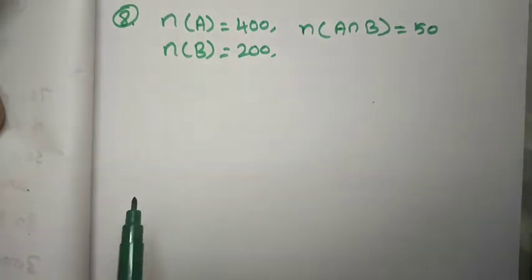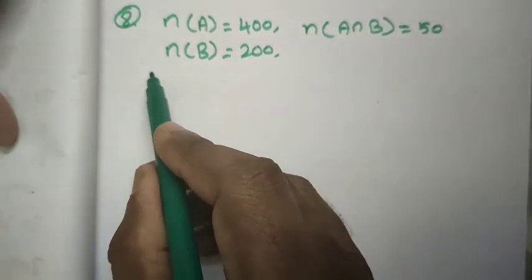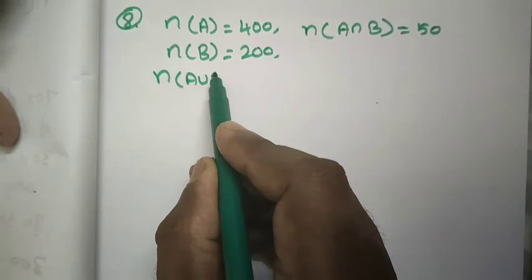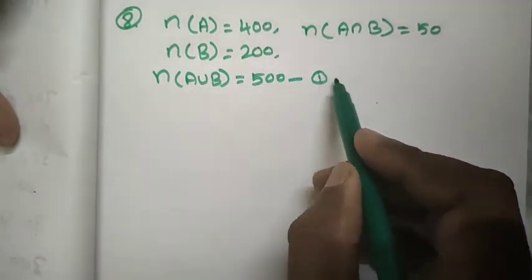Now out of 500 car owners means n of A union B all together, that is 500. Let me take it as equation number 1.